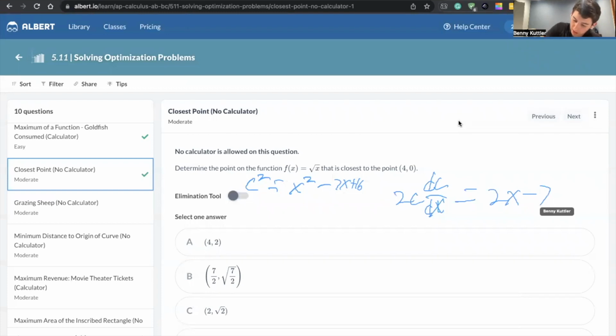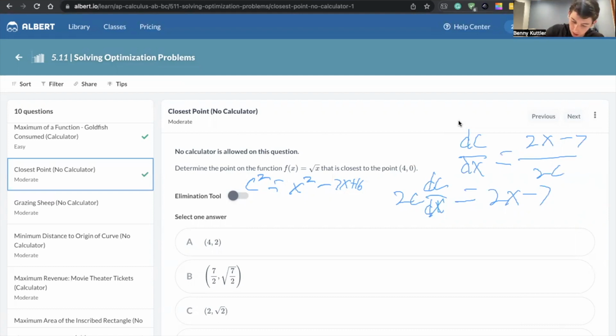So then we know that dc over dx equals 2x minus 7 over 2c. And then we know that this is 0. What we want to find is when dc dx is 0.